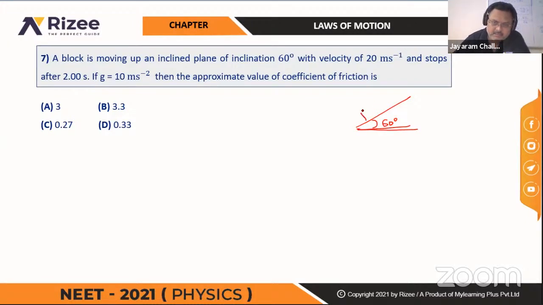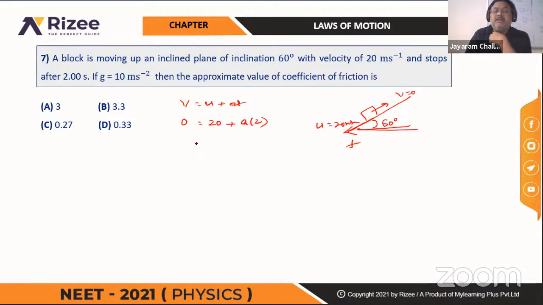Since the block is moving up the inclined plane, final velocity is equal to 0. Initial velocity is equal to 20 meter per second, and friction should act in this direction. Now, what is the acceleration that is going to be offered here? If I go for v is equal to u plus at, final velocity is 0, initial velocity 20, and acceleration is a into 2 seconds. So from here, acceleration a is equal to minus 10 meter per second square.